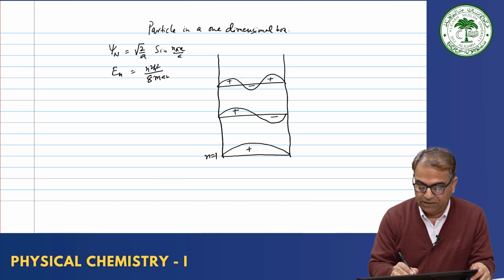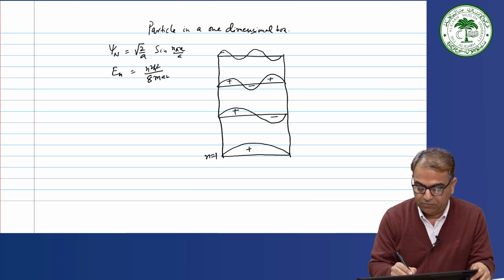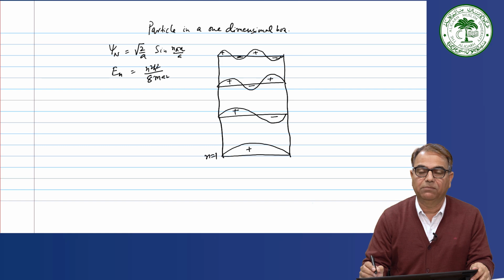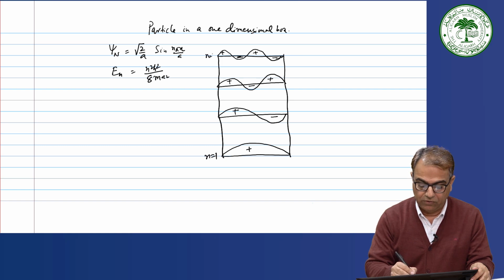And similarly we can plot for higher energy levels also. So we have two nodes: positive, negative, positive. This way we can plot for n is equal to 4 also.